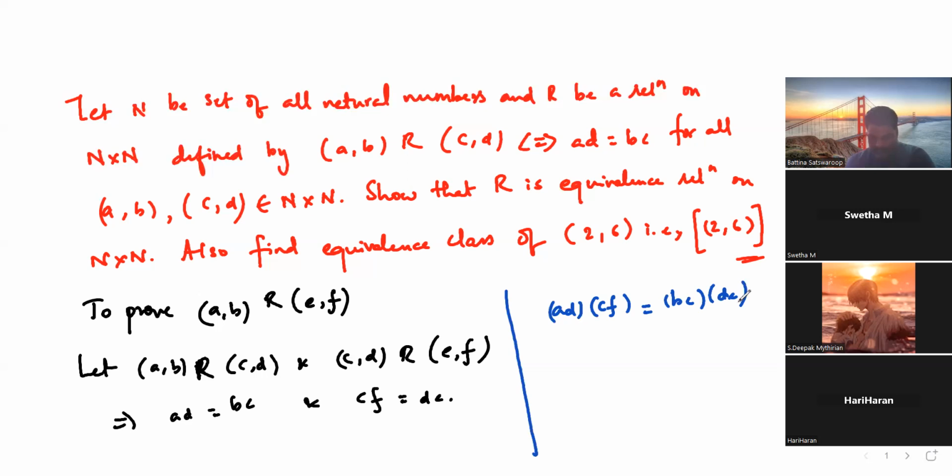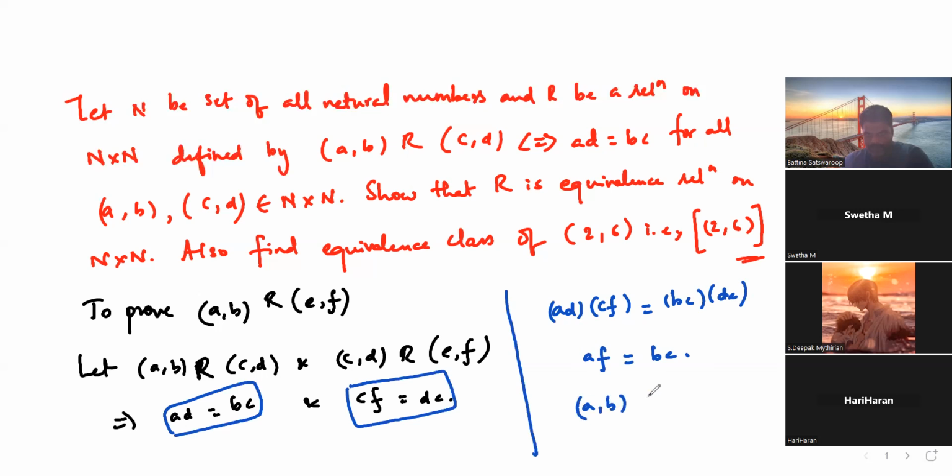Correct? Because AD is equal to BC here, CF is equal to DE here. If I write like this, AF will be equal to BE. That means (A, B) is related to (E, F). Right? So R is a transitive relation on N cross N.